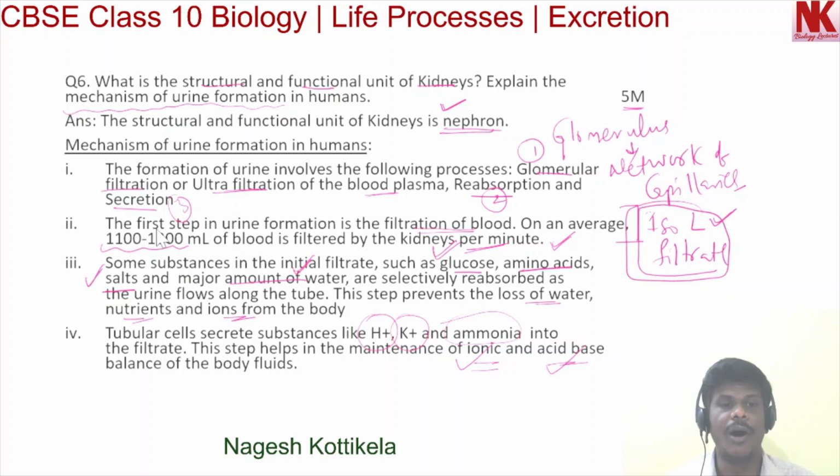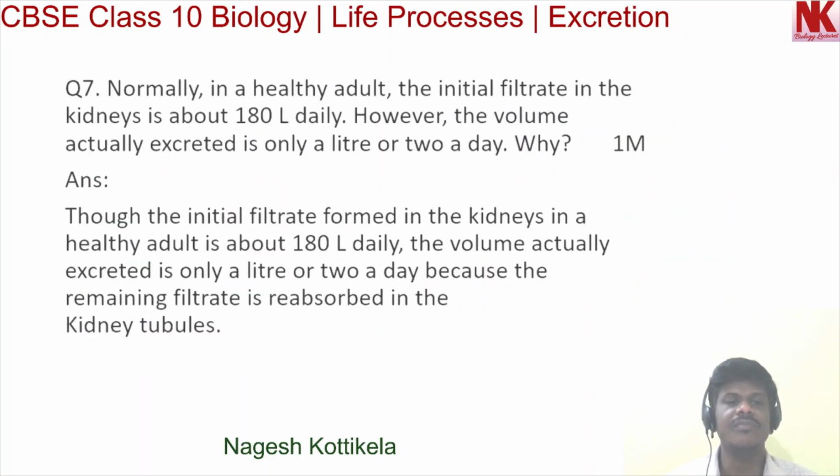Now moving to the next question, that is question number 7. Normally in a healthy adult, the initial filtrate in the kidneys is about 180 liters daily. However, the volume actually excreted is only a liter or 2 a day. Why?